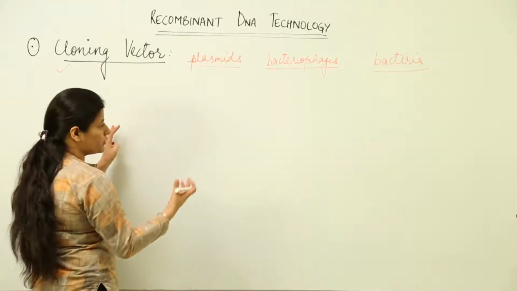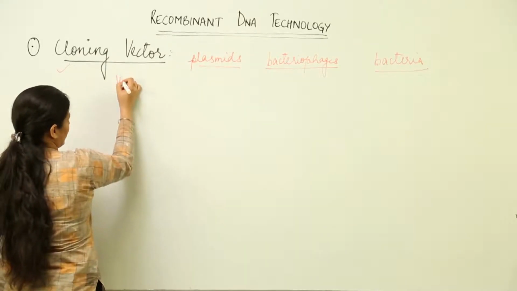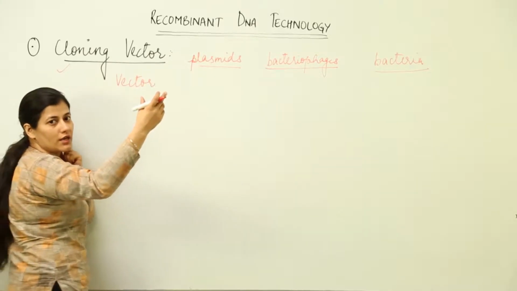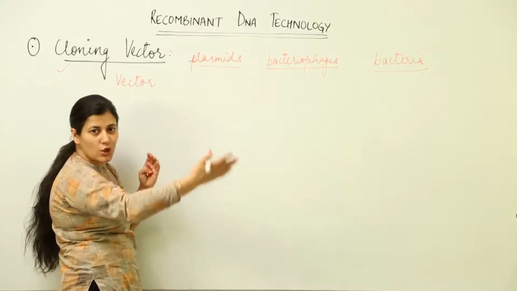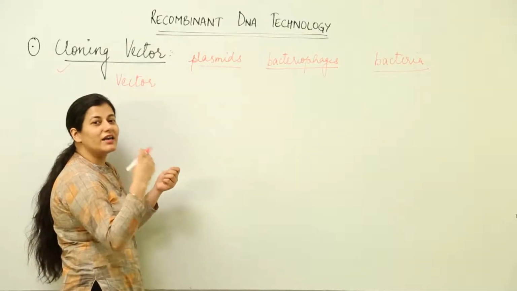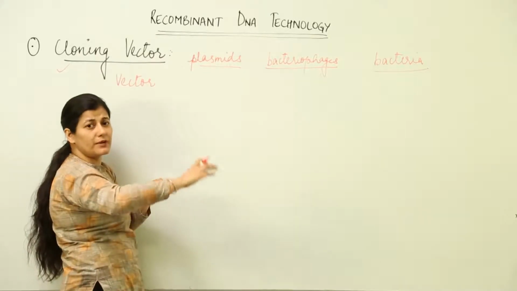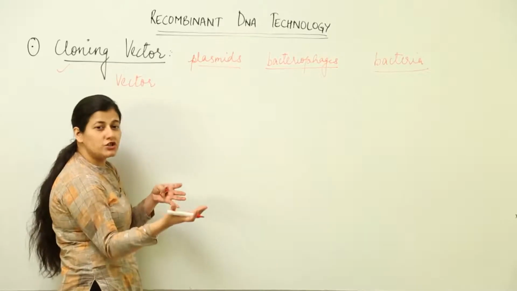Now you know what the purpose of a cloning vector is. Like, you know what a vector is. Vector, we take the example of a mosquito. Mosquito carries the protozoan plasmodium to its host. It itself is a carrier sort of thing which enables the plasmodium parasite to reach its host.